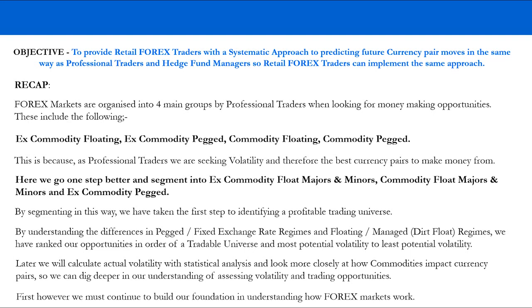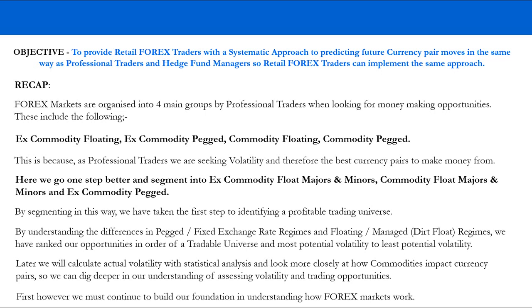And what have we done to start to do this? Well, we started to organize the Forex markets into 4 main groups. And this is how professional traders do it. We look for money-making opportunities. And we got to the point where we defined our currencies as X commodity floating, X commodity pegged, commodity floating, and commodity pegged.